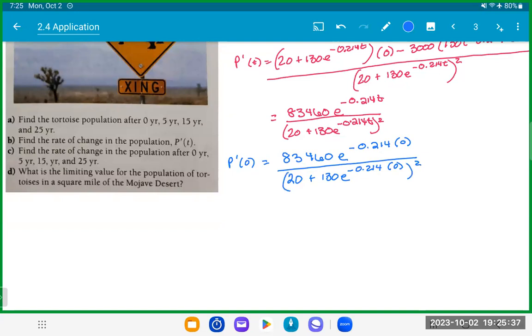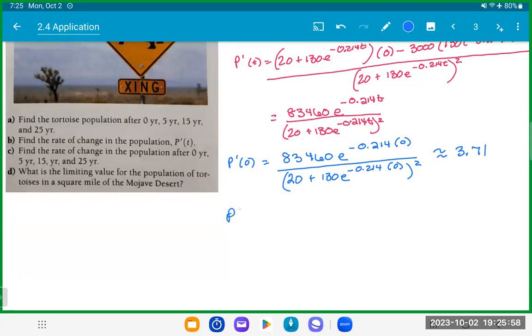Okay? That will simplify to 3.71. So that tells me the tortoise population is changing at about 3.7 tortoises a year at time 0.